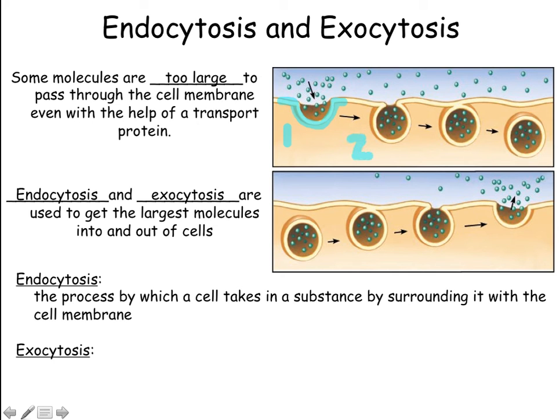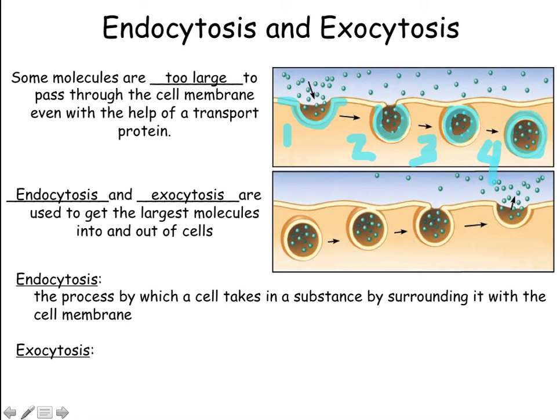The pocket will then deepen here until it eventually pinches off. Okay, so here you can see the whole piece of the cell membrane that we use to surround the molecules is pinched off. And it is going to form a little packet of molecules, which we see in here, number 4.